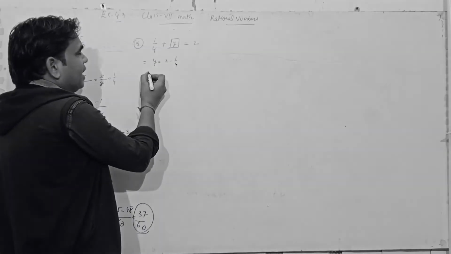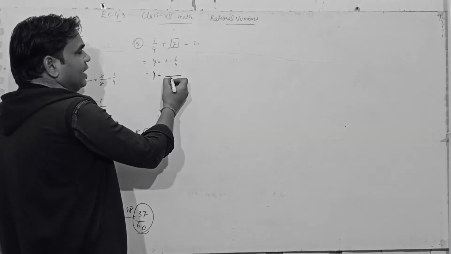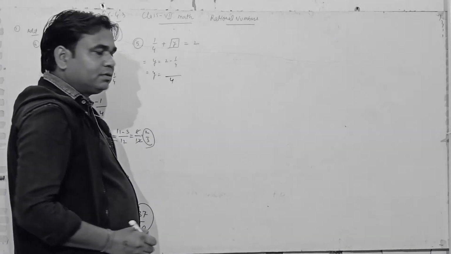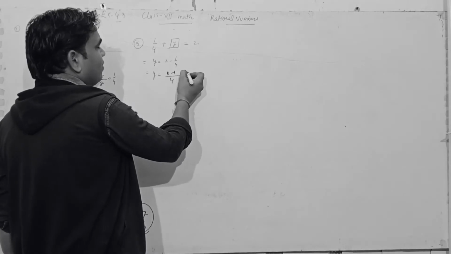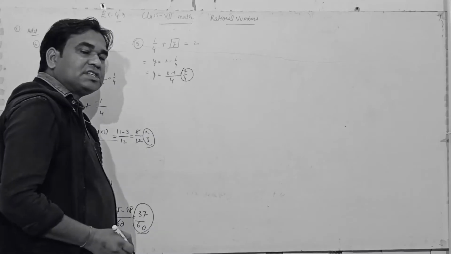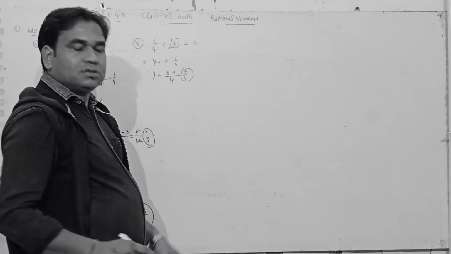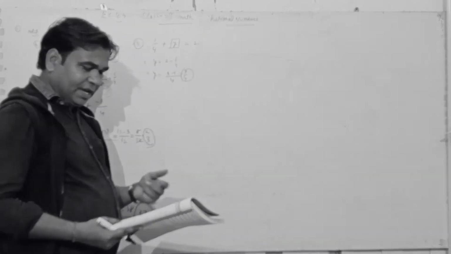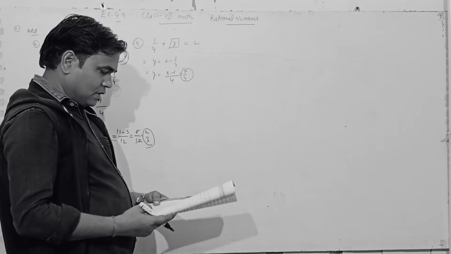Here, students, we take LCM 4, and then 8 minus 1 is 7 over 4. So the answer is 7 over 4. We can put it here, and in the same way you can do all the rest.